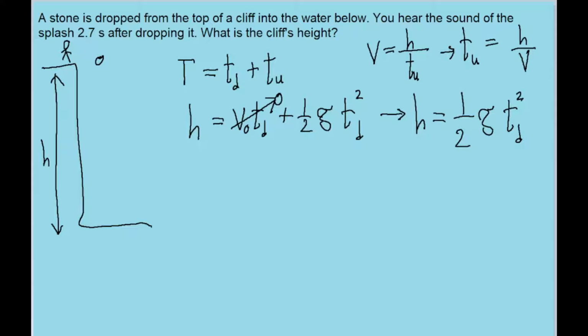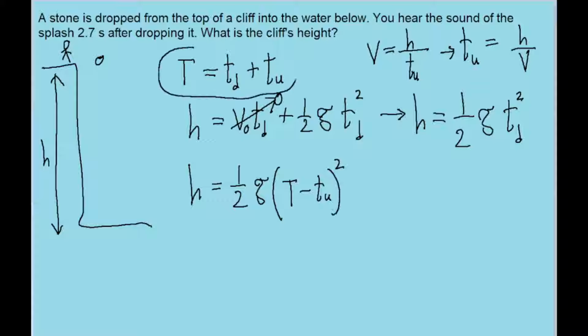This is useful for us because we can try to sub this into this other equation that we have for h. We know that h is equal to 1/2 g times t_d squared. But we can also write this, instead of writing it as t_d squared, as big T minus t_u, squared. We can get that from this equation, since big T is the sum of both of those smaller t's. Which means we can sub in this other formula up here that we have for t_u into this.